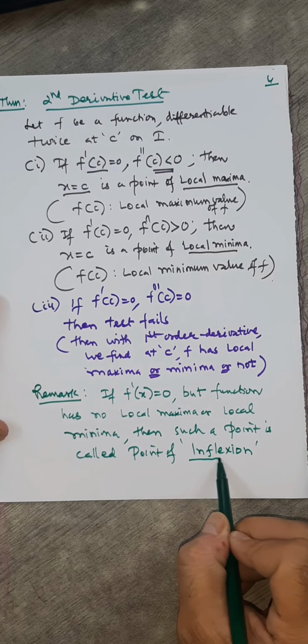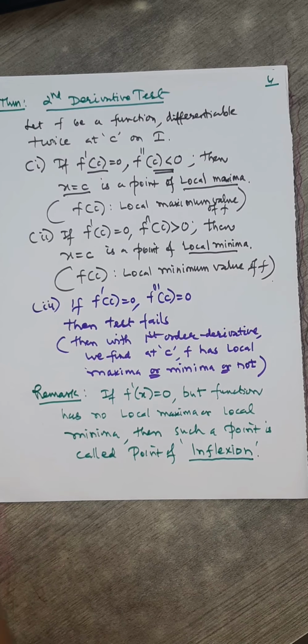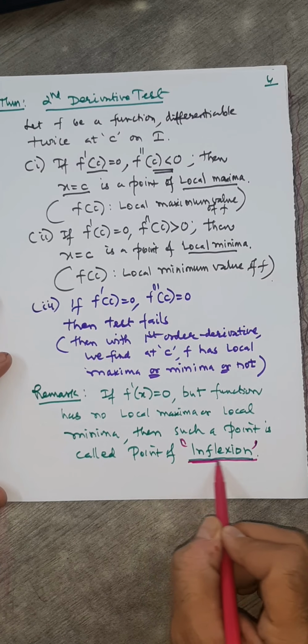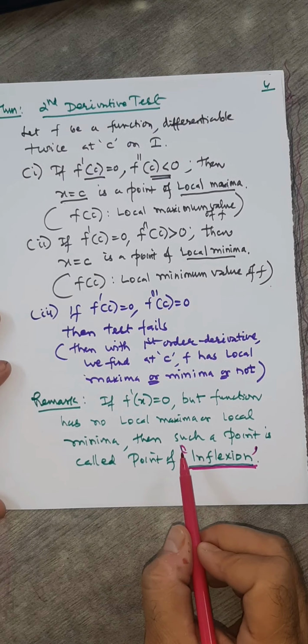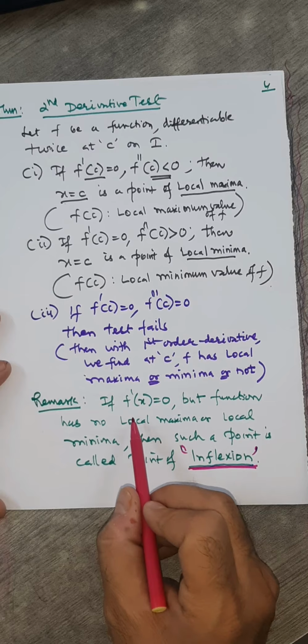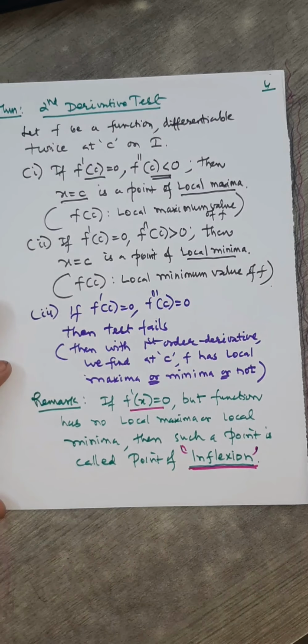So this is one more new word, point of inflection. That means the function has no maximum value or no minimum value, but still the first order derivative is 0.